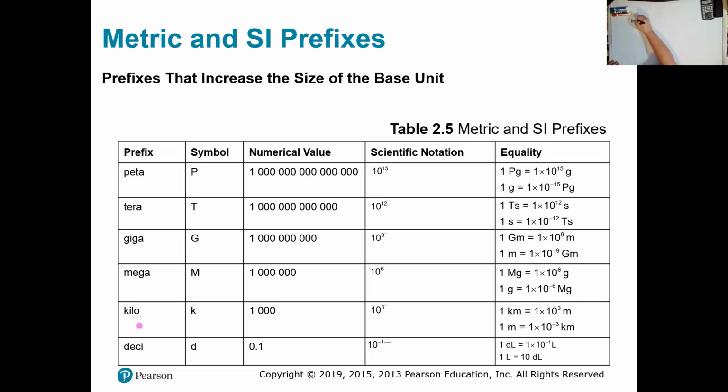All right, so let's just write that down. And then when we add a prefix to a base unit, that's going to increase or decrease the size of our base unit. Just depends on what the prefix is.